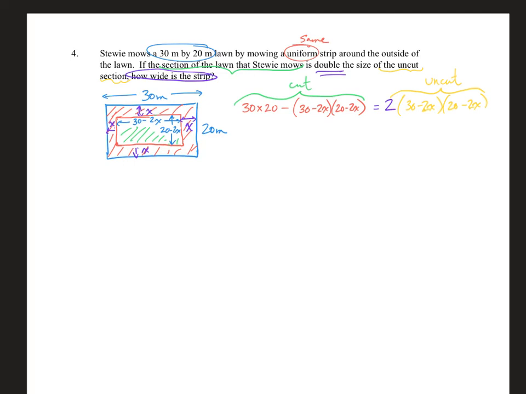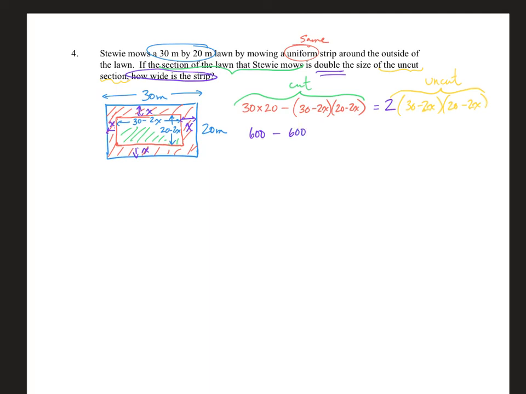Now, everybody in here should be good to expand those brackets, collect like terms, and solve. However, I just want to draw to your attention a key mistake that can be made. The first thing we would do is multiply that, so there's our 600. We would then subtract off. Now I have to multiply my binomials.